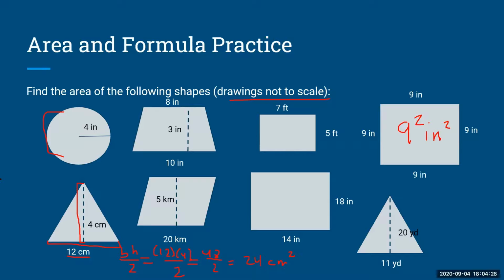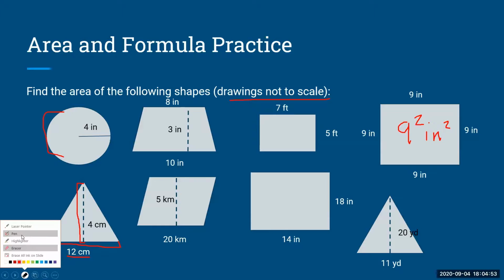Hi teacher. Yep. This is kind of off topic, but how do you find the area of a triangle without knowing its height? I don't think you can, because you need the height. The formula for a triangle is base times height.